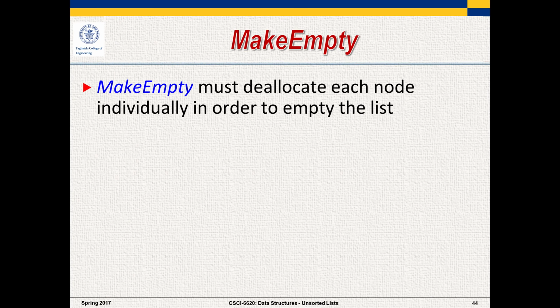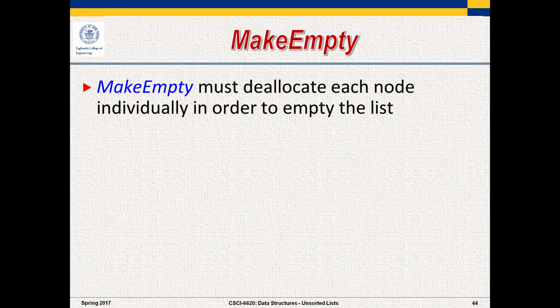MakeEmpty. Now this is one of the big differences between the array-based implementation and the linked list-based implementation: MakeEmpty has to deallocate each node one by one in order to empty the list. If you remember, in the array-based implementation, to effectively empty the list, all you had to do was set the length to 0.